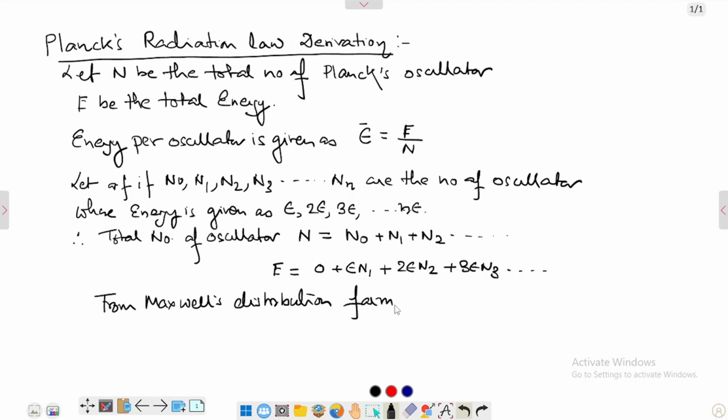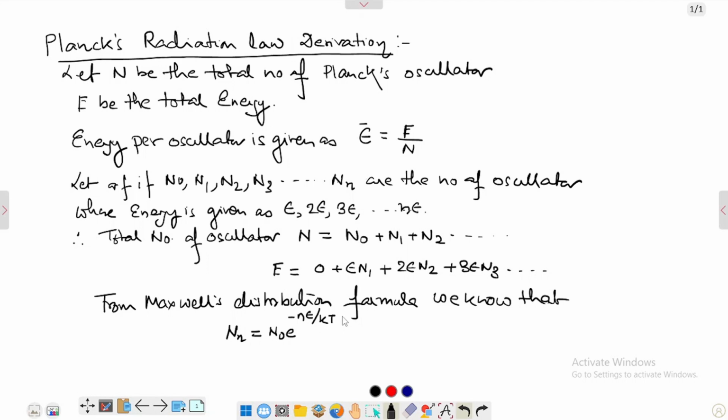In another video I will give you the details of this Maxwell distribution formula. So I can write Nn is equal to N0 e to the power minus n epsilon by kT, where k is the Boltzmann constant.